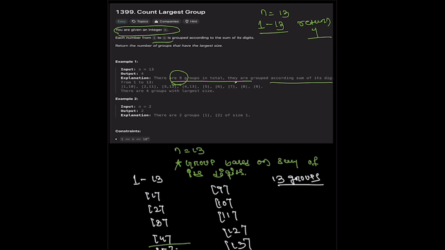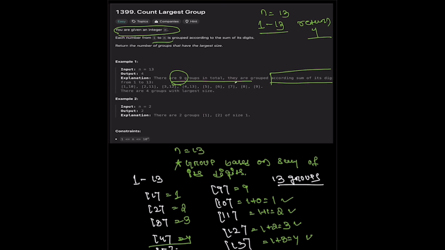Here the groups are the numbers from 1 to n according to the sum of digits. The sum of digits is 1, 2, 3, 4, and so on. 1 plus 0 equal to 1, 1 plus 1 equal to 2, 1 plus 2 equal to 3, and 1 plus 3 equal to 4. The explanation says we have to arrange all the numbers according to the sum of the digits.